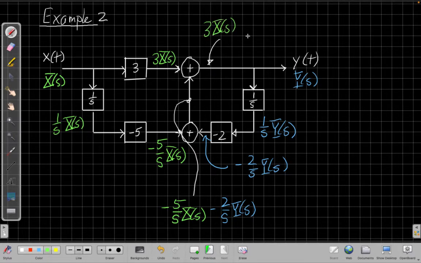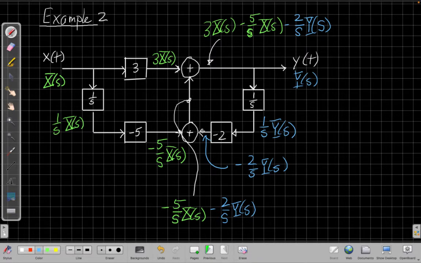And then the other input would give me minus 5 over s, X of s, and then minus 2 over s, Y of s. And this is equal to Y of s, because that's just what's flowing out.